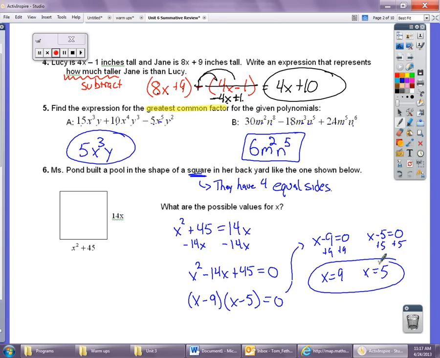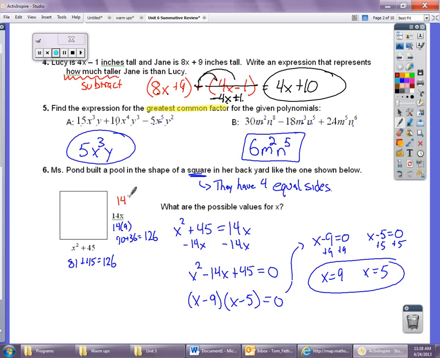And we can check this if we plug it in. We plug in 9. 14 times 9 is going to give us 90 plus 36, which is 126. 81 plus 45, 126. And the other value is 5, so I'll do this in red.